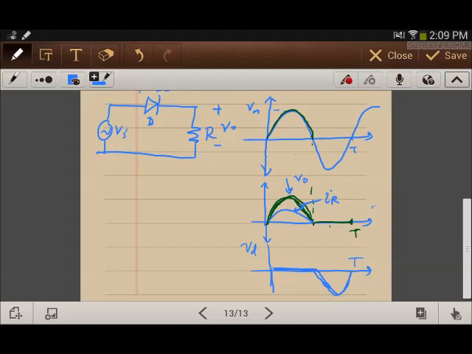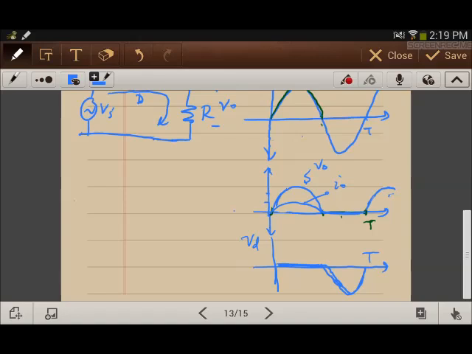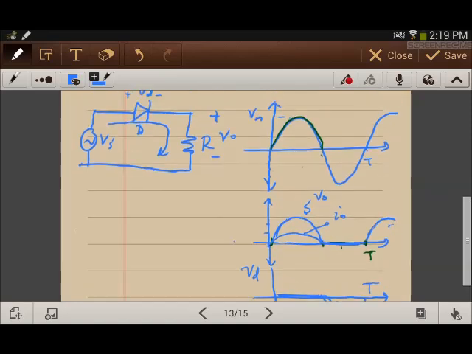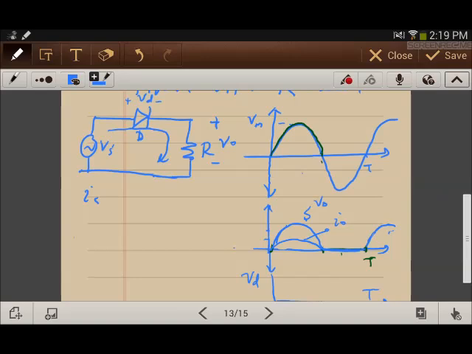So first of all, the voltage that appears across the resistance is positive all the time, despite the fact that some zeros appear in the signal. As we see here, the source current is equal to the current moving through the diode, which is equal to the load current.